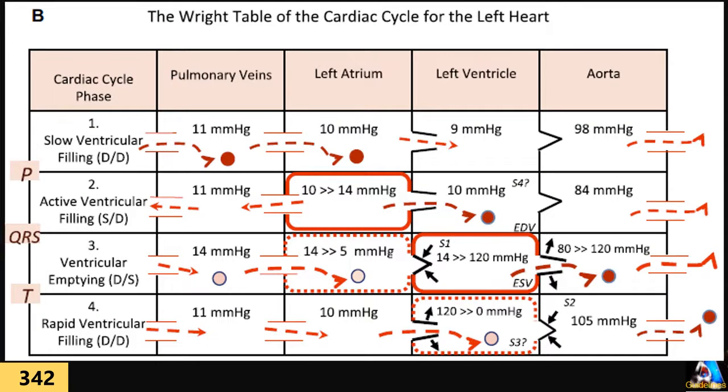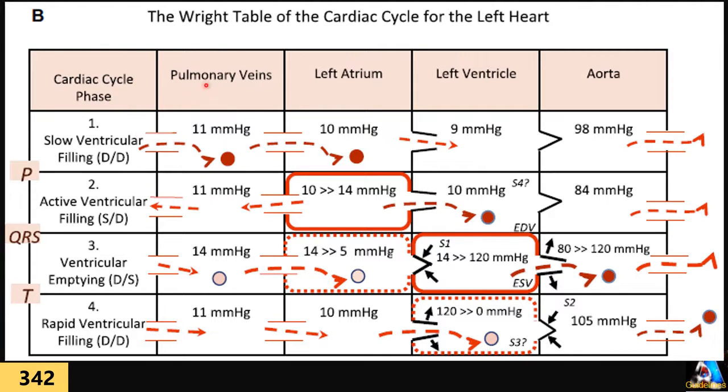Here is the right table for the left ventricle. Those are the pressure changes during the cardiac cycle. The first letter belongs to the atrium, the second belongs to the ventricle, and D stands for diastole, S stands for systole. Let's go to the first stage here. He mentioned it as diastasis, or slow ventricular filling, that corresponds between the T and P waves.